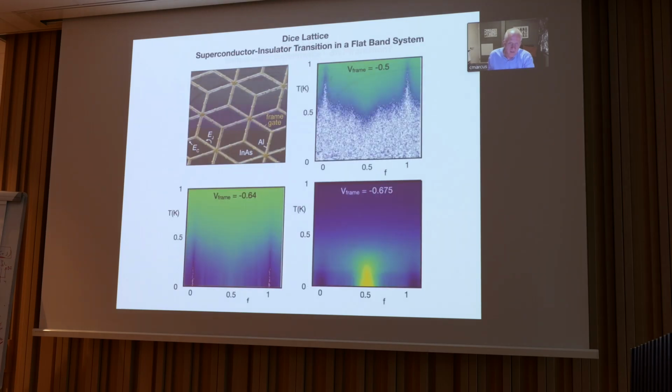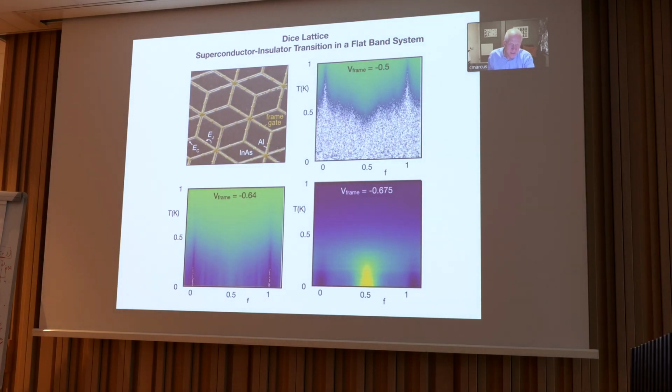And really all I have to add is that what we can do with this problem that's distinct is take this caged system into the insulating regime across the superconductor-insulator boundary and see that in this caged regime, as you cross into the insulating regime, only the caged region becomes an insulator. Everything else remains either a metal or a superconductor, with this heightened conductance around 1/2, as you cross into the quantum regime or the insulating regime near the superconductor-insulator position of this dice lattice.